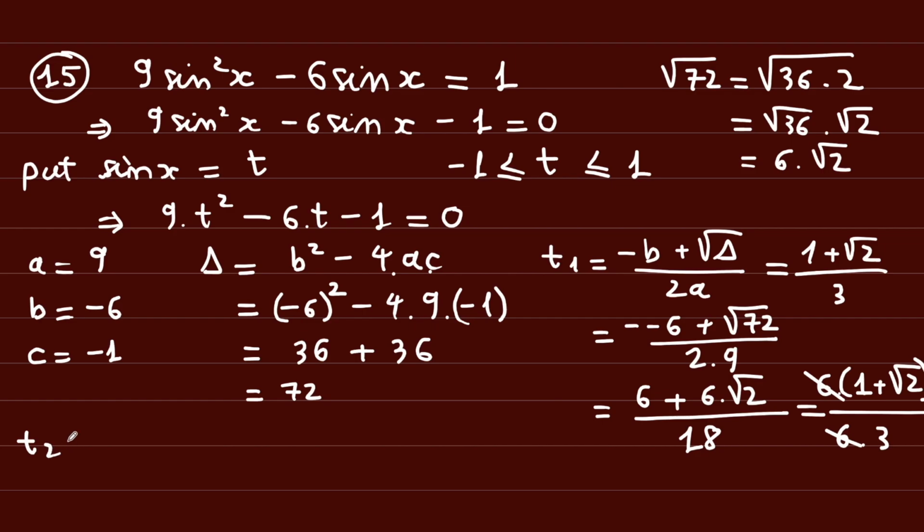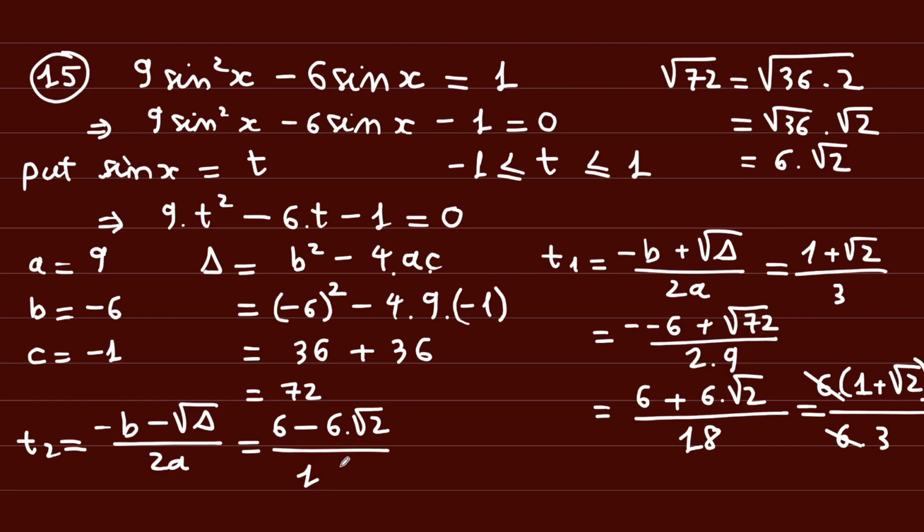Another solution will be t2, minus b minus the square root of the discriminant over 2a. With the same idea, you get (6 minus 6 multiplied by the square root of 2) over 18, and after simplifying, you get (1 minus the square root of 2) divided by 3.